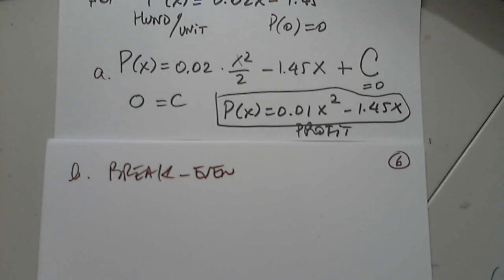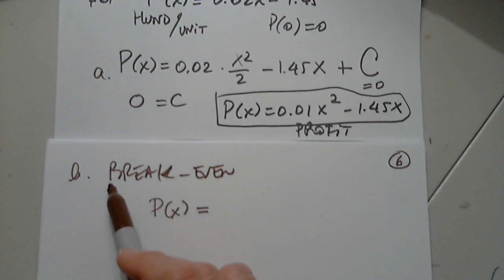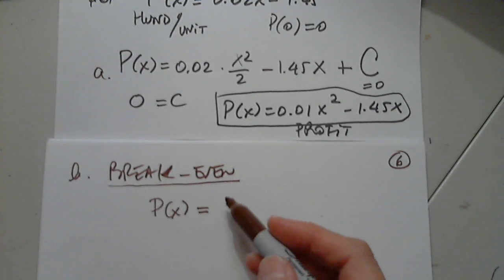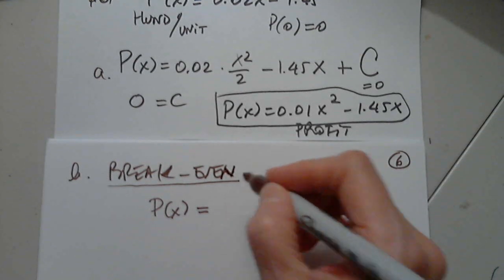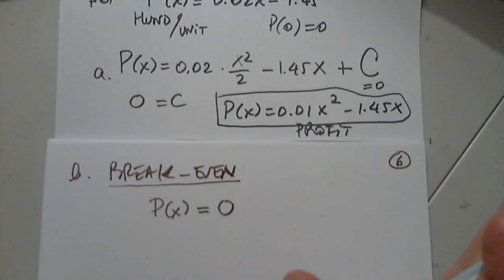How do we break even? When profit is no loss, no gain. So we break even when the profit is equal to 0. Exactly. No gain, no loss.